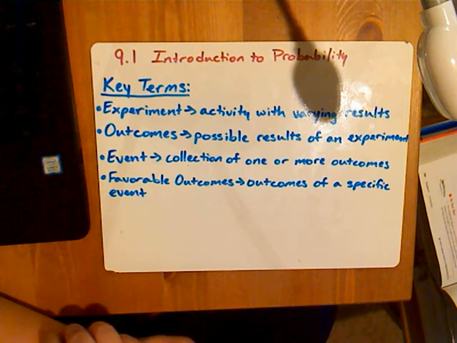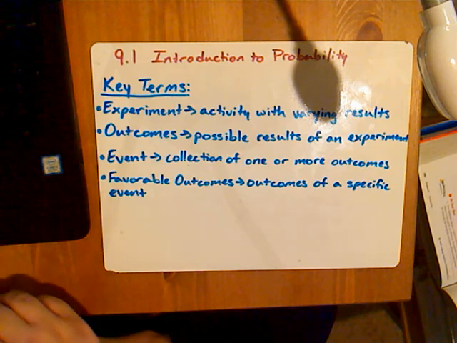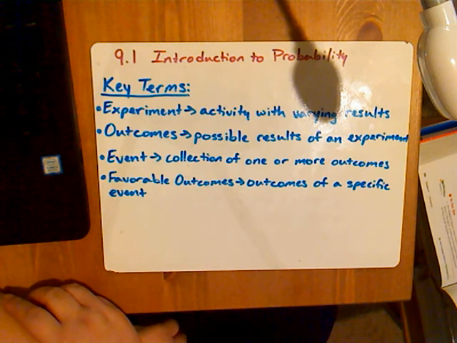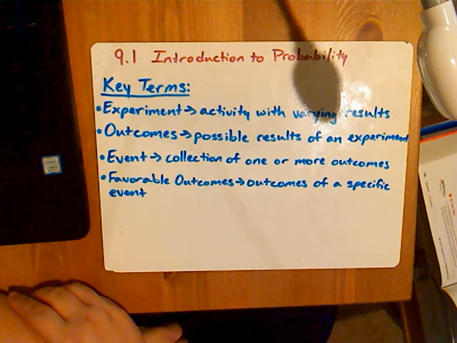So with probability, we have quite a few key terms that we'll need to know. The first one is experiment. An experiment is an activity with varying results. Outcomes are the possible results of an experiment.